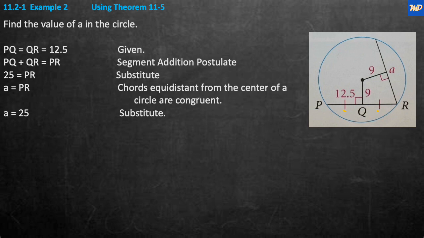So PQ plus QR is equal to PR, right? That must mean, through the segment addition postulate, that if this segment here is congruent or equal to that segment, then we can add them and come up with a size.